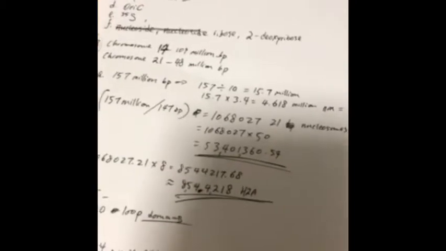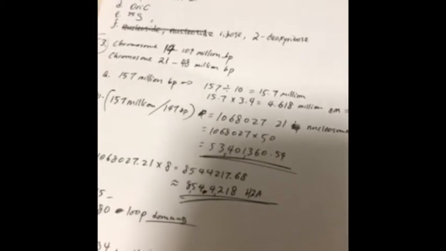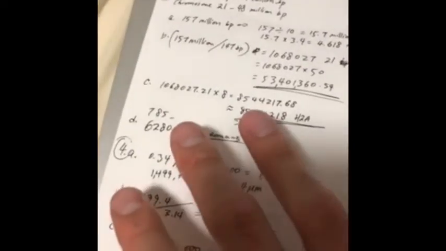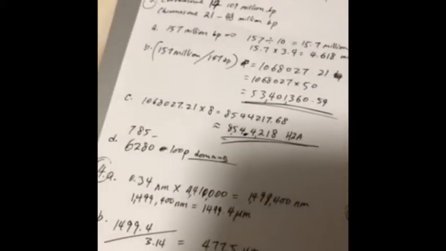Yeah, 25 to 200,000 base pairs of DNA per each loop. So that should give us around 785 to 6,280 loop domains.